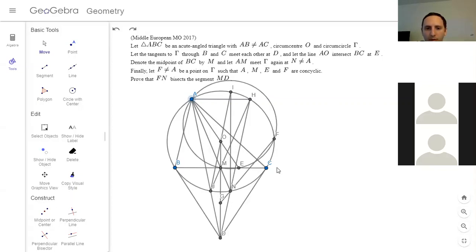Is that an angle chase? Because if we knew J, E, and F were collinear, then we could project A, I, H, and F onto BC, and that would solve the problem.